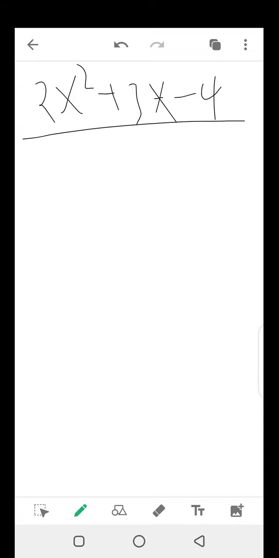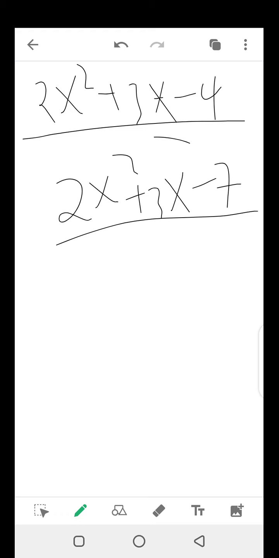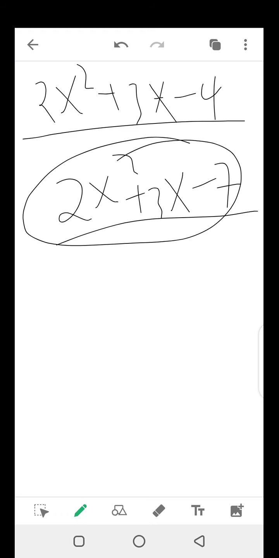So we have two equations: 2x squared plus 3x minus 4 is the one we drew on the curve. Now they say solve 2x squared plus 3x minus 7. So how do we solve this? You are going to subtract the first equation minus the second equation, or subtract the second equation from the first.